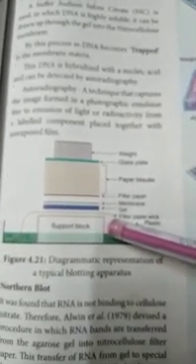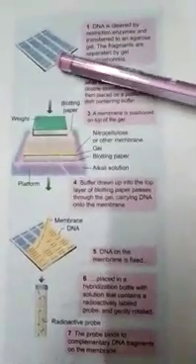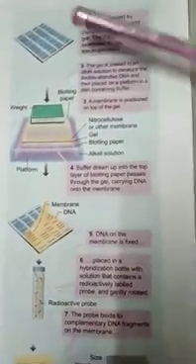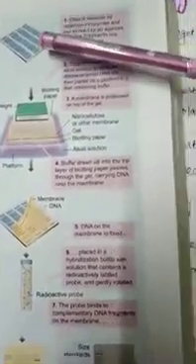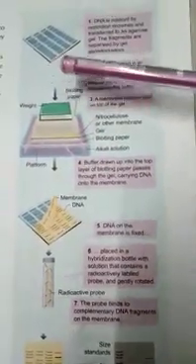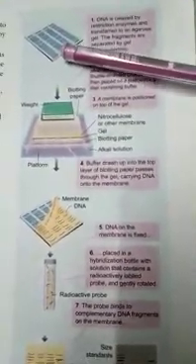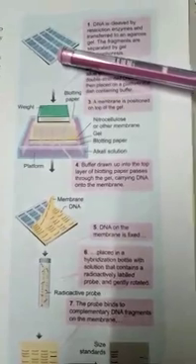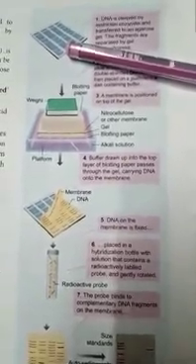Now we see the step-wise methods of Southern blotting by diagrammatic representation, one by one. What are the steps involved in the Southern blotting technique? I explain them one by one. The first is that DNA is cleaved by the restriction enzyme and loaded onto an agarose gel.